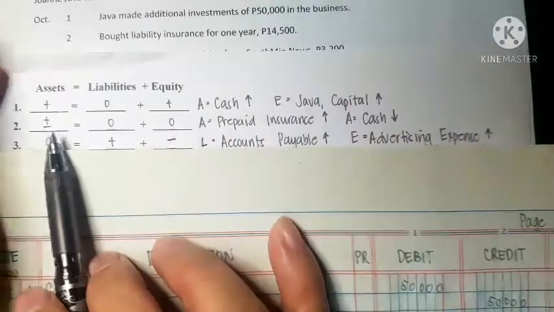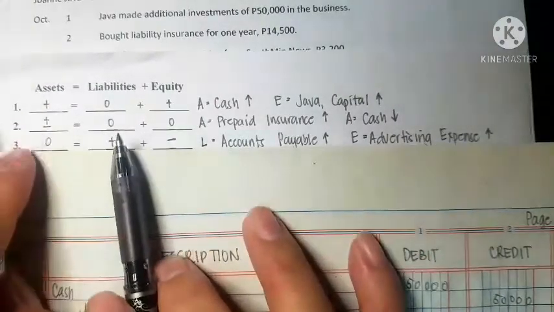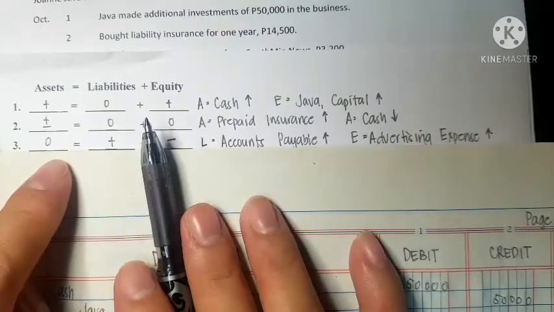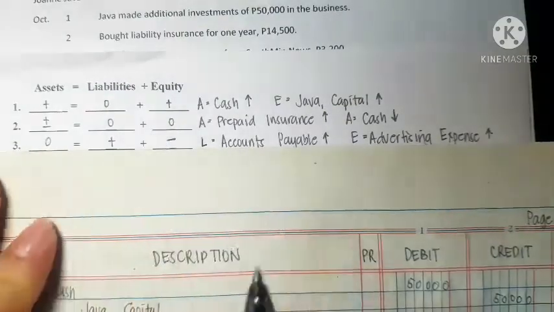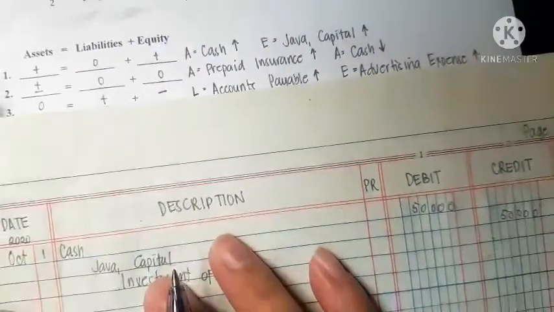October 2, bought liability insurance for 1 year for 14,500. There is an increase in assets, particularly prepaid insurance, and a decrease in assets, particularly cash. Zero effect in liabilities and equities. So we put that in the journal entry.